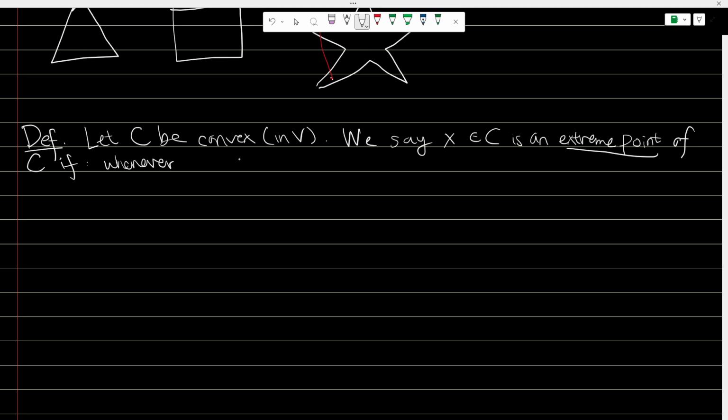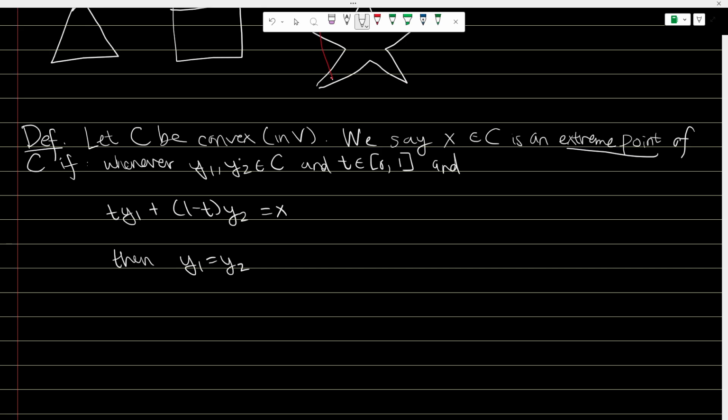Whenever y1 and y2 are in C and t is in [0, 1], and t y1 plus (1 minus t) y2 equals x, then actually y1 was the same as y2 was the same as x.